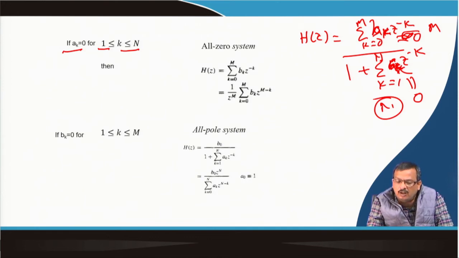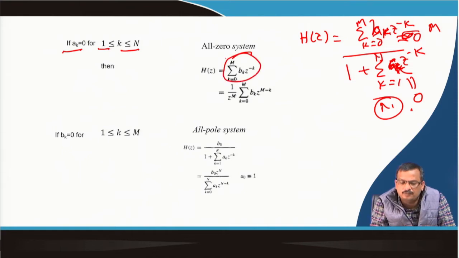If this is equal to 0, then I have only the upper portion, summation k equal to 0 to M b_k z to the power minus k.